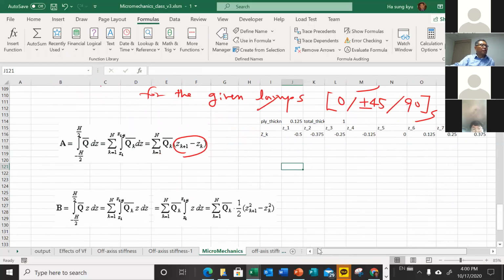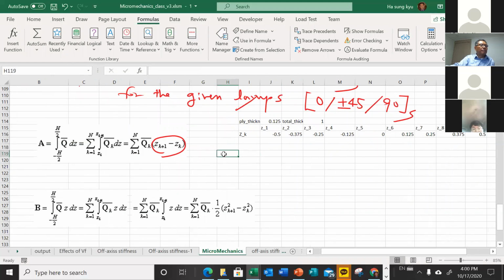And as you can see, you will have A11 and A12 and A22 and A16 and A26 and A66, 6 terms.